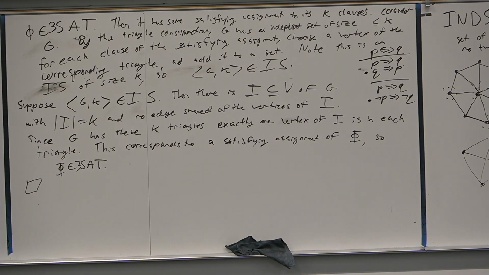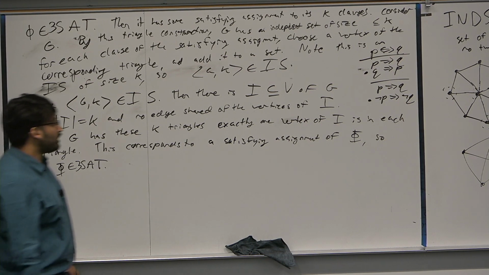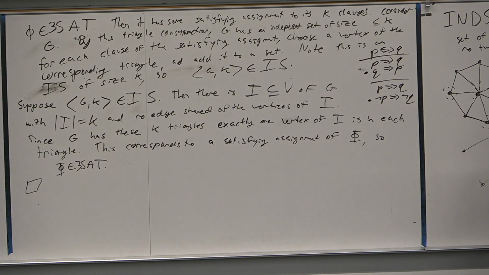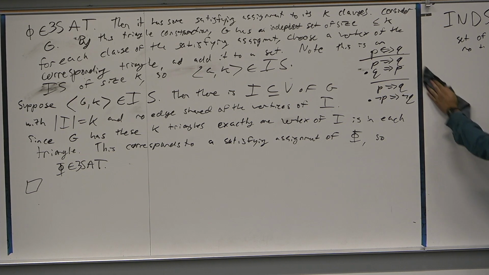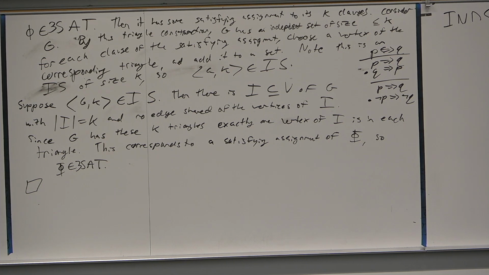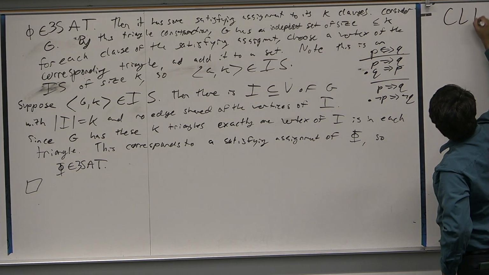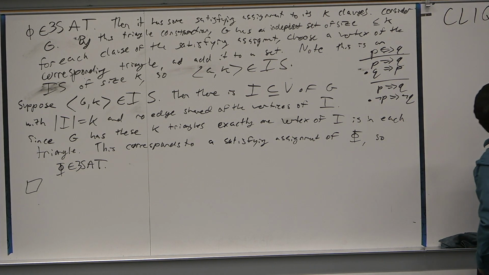Okay, let's do some other graph problems. Speaking of cliques, let's just do cliques. I claim finding a clique in polynomial time is impossible. Clique is the problem of: given G, K, does G have a clique of size K?